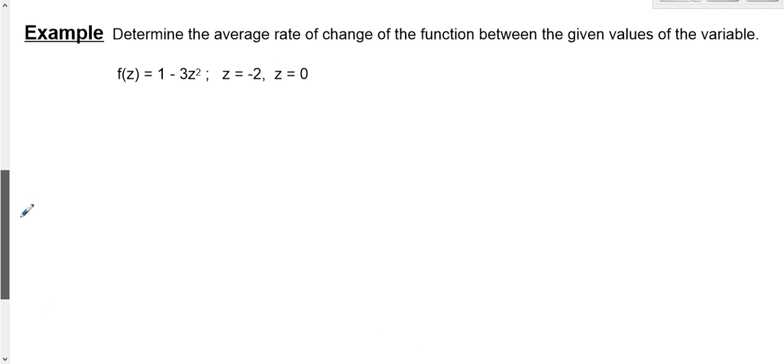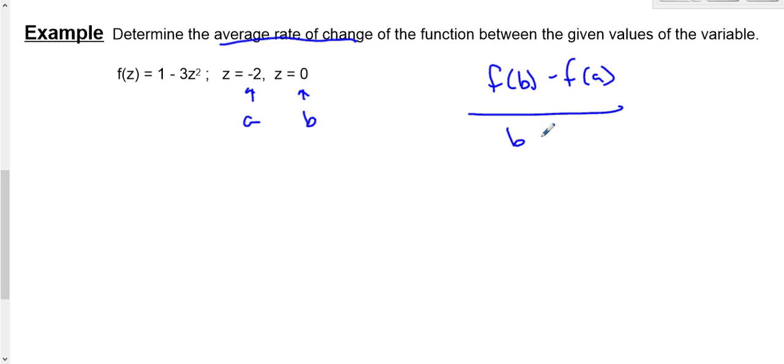And we have: determine the average rate of change of the function between the given values of the variable. Now, because this is a function, we are going to establish a and b, and we are going to have f of b minus f of a over b minus a.